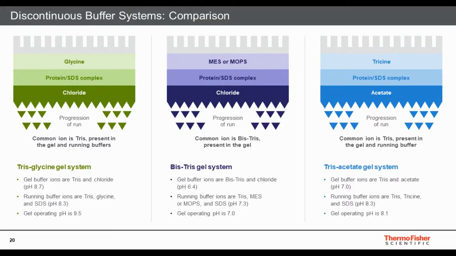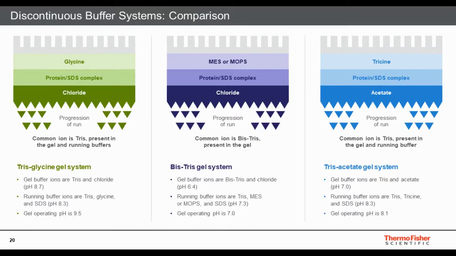The running buffer ions are Tris, glycine, and ionic detergent SDS with pH of 8.3. Importantly, the gel operating pH for Tris-Glycine system is 9.5. So when your protein is migrating through a Tris-Glycine gel, it is experiencing this 9.5 pH throughout the gel run.